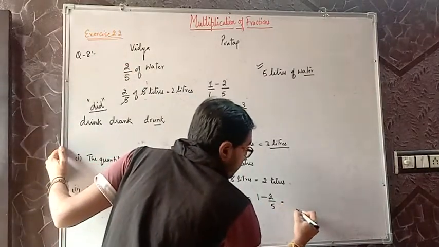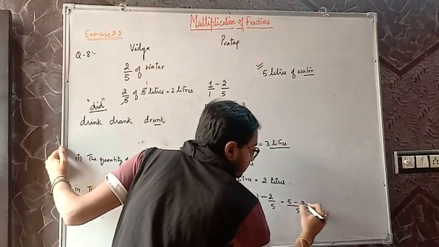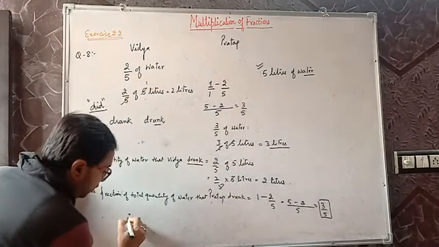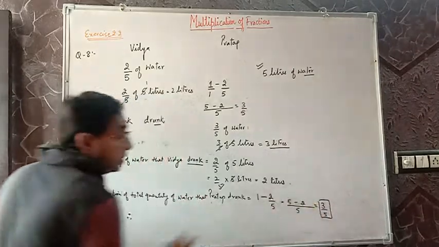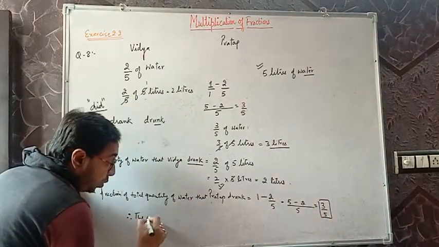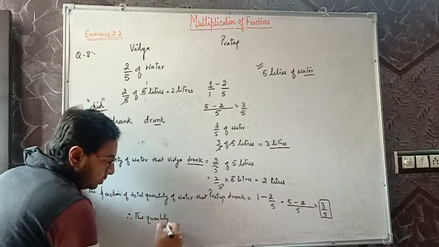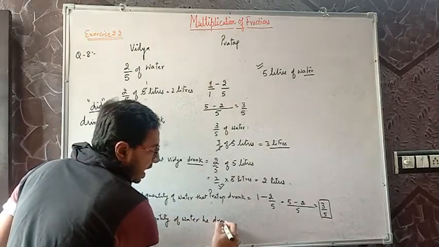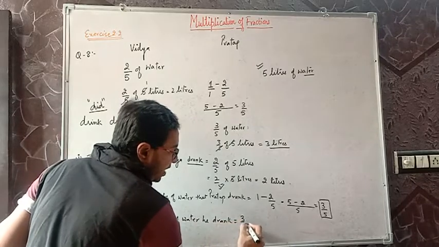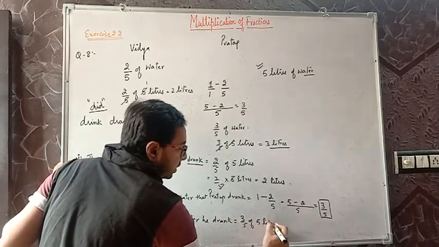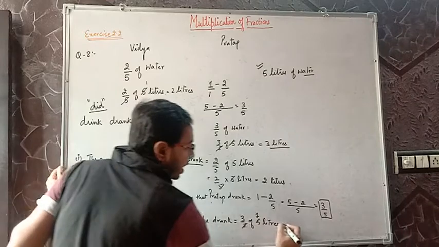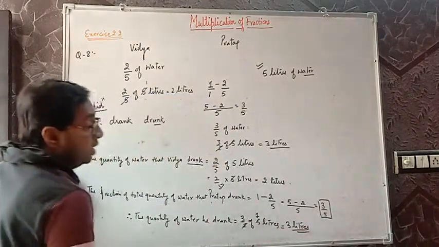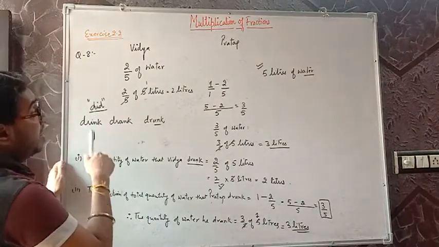Therefore, he drank 3 by 5 of water. This is the fraction. If I ask the quantity of water he drank, the answer is very simple: 3 by 5 of 5 liters, therefore 3 liters of water.